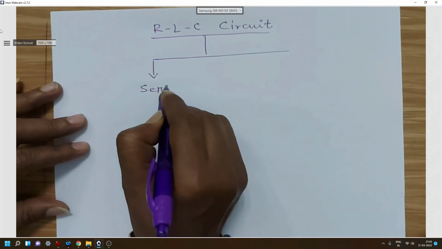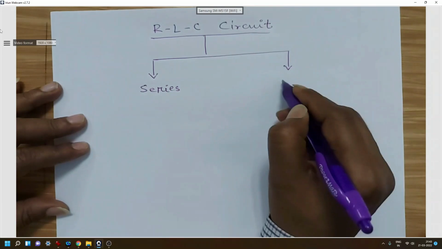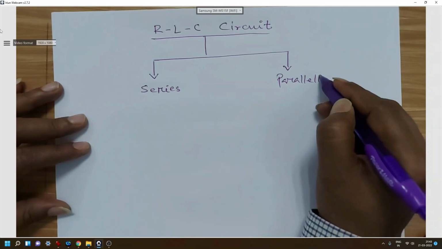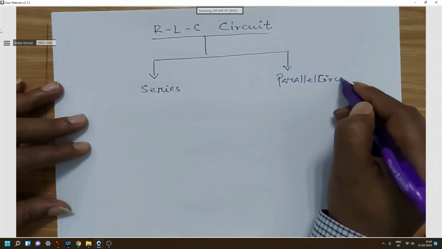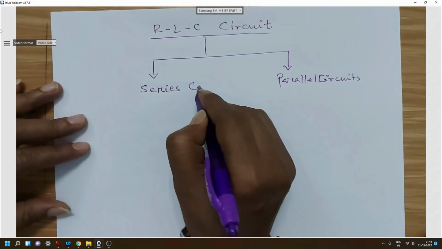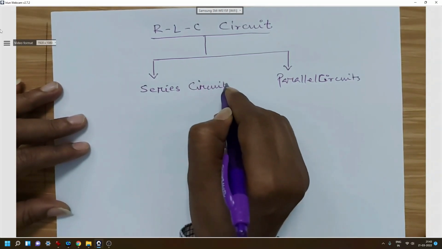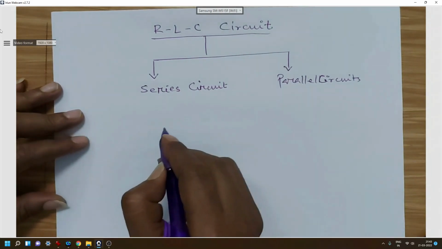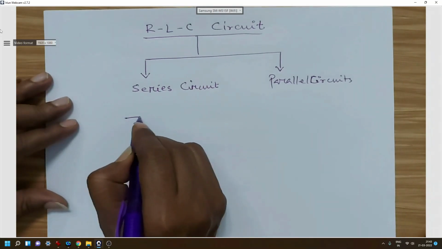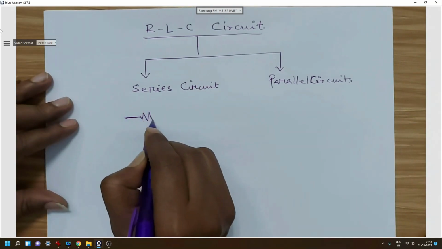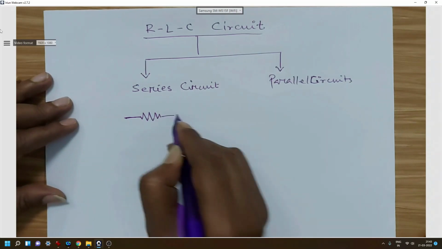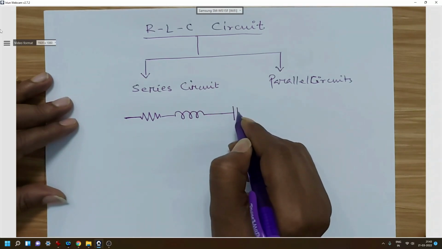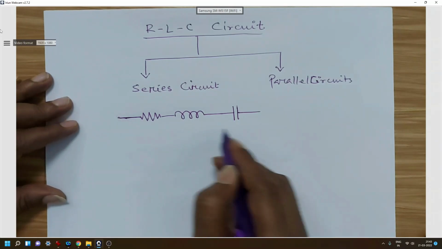First of all, in series, in parallel, or a combination of those. Parallel circuits, series circuit, or the combinations. Now in case of series RLC circuit, there will be three components connected in series.